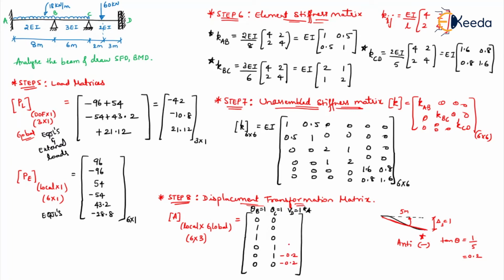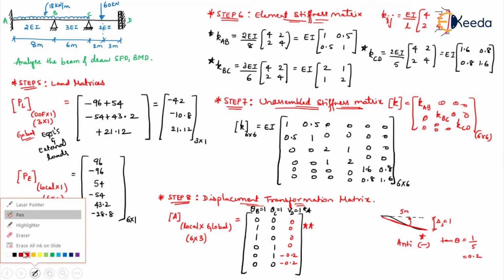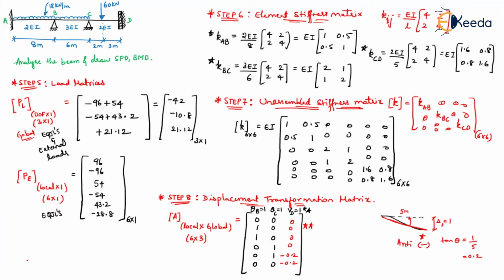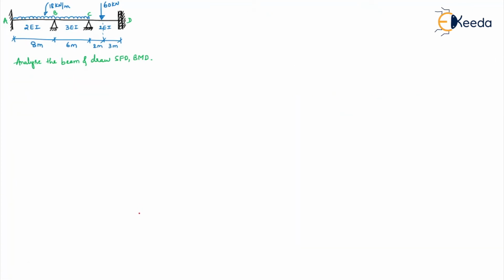So all other values will be 0. So this is a very important thing which you have to learn and remember. This will come when you have a vertical global coordinate. So your step of finding your displacement transformation matrix is over.